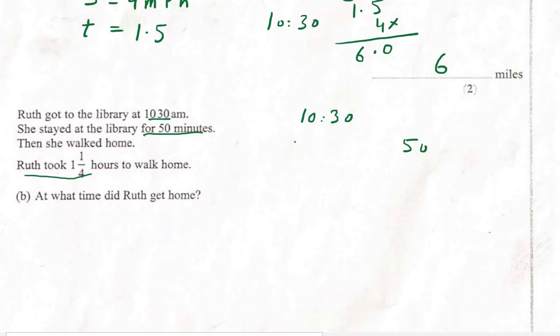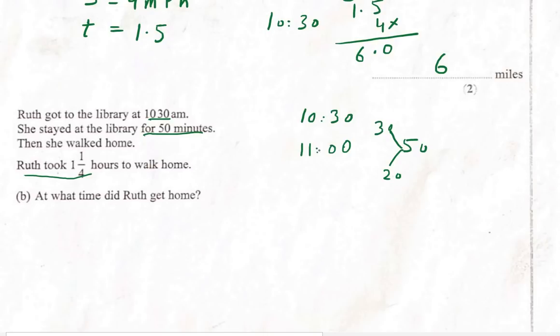So I'm going to break it down. To reach 11, I need 30 minutes. So I'm going to break down this 50: I write 30 here, and what's left is 20. Make sense guys? 50, 30 and 20.